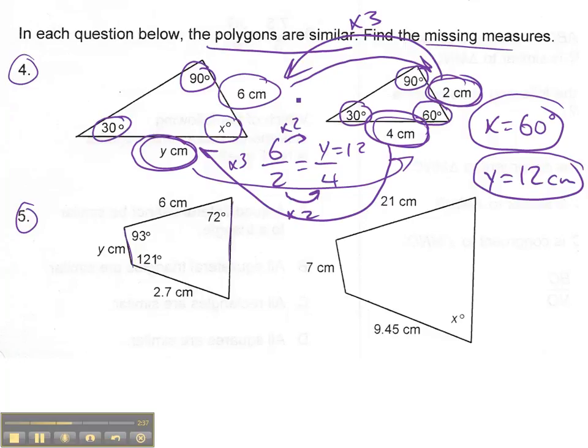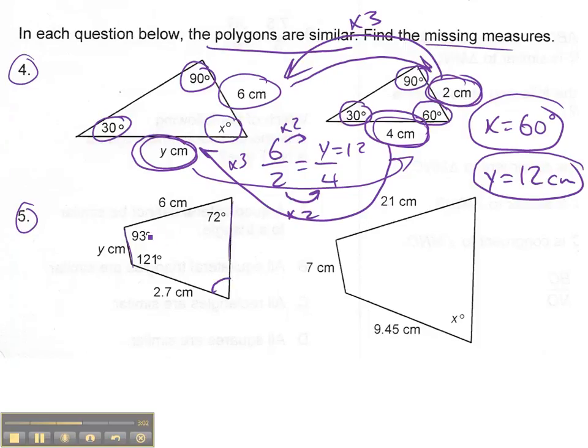And they are. The first thing we should do to make sure we don't make any assumptions here is figure out this missing angle of this first quadrilateral.